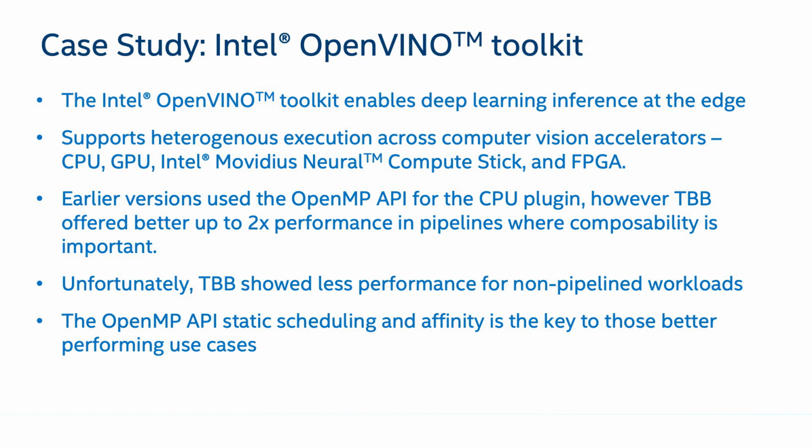Intel OpenVINO Toolkit enables deep learning inference at the edge. And it's a toolkit that supports heterogeneous execution across multiple devices like CPUs, GPUs, the Movidius Neural Compute Stick, and FPGAs. Earlier versions of the CPU backend used OpenMP, but they found that when they started using TBB in more complex pipelines, TBB was more composable and could get up to 2x performance over OpenMP because of its composability.